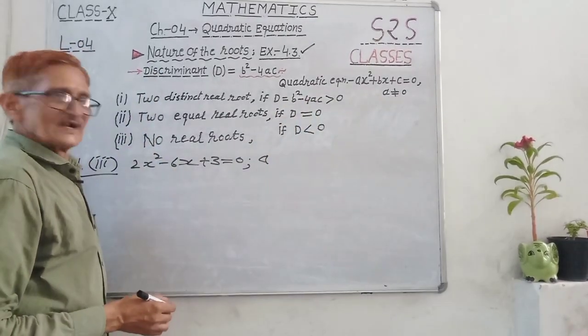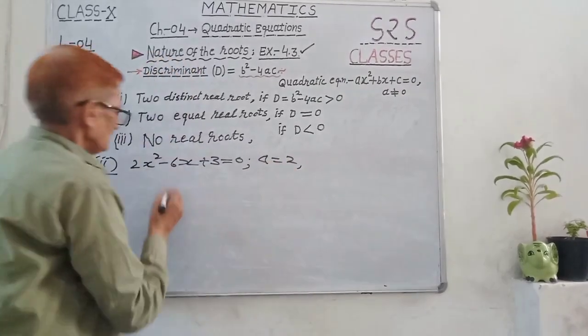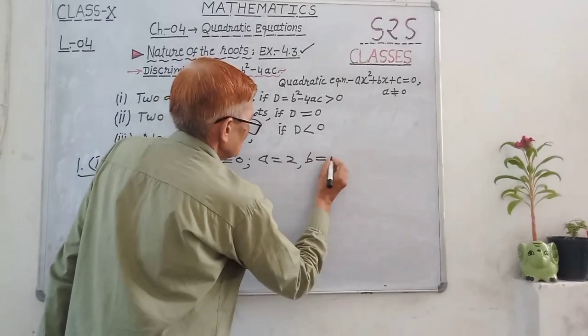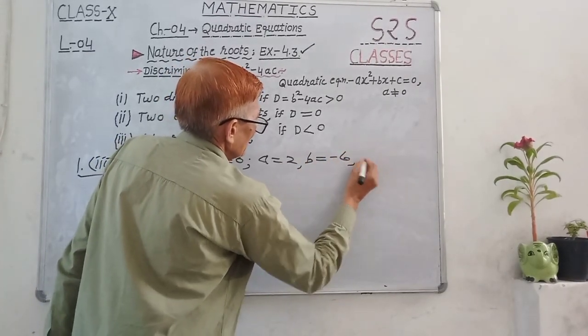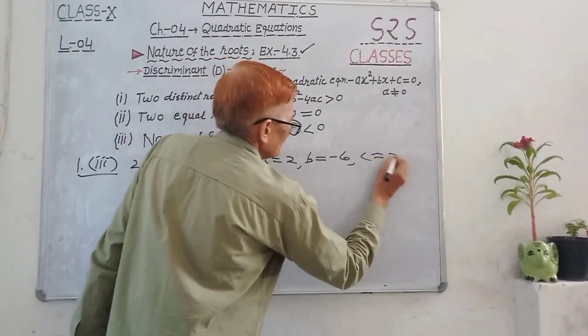Comparing with the standard quadratic equation, a is equal to 2, b is equal to minus 6, the coefficient of x, and c is equal to the constant term, plus 3.